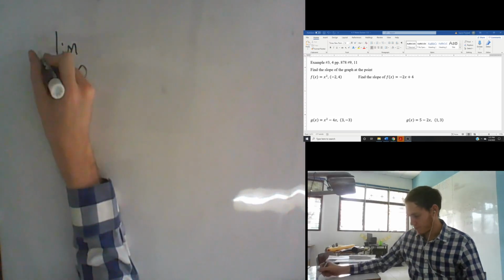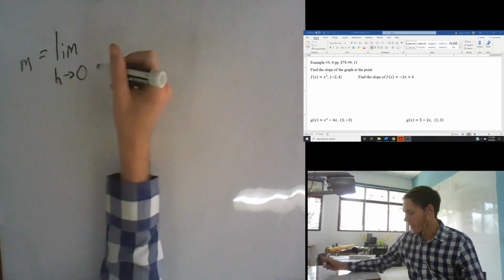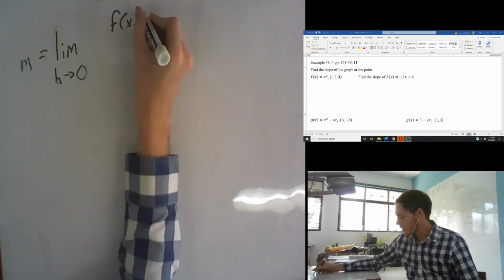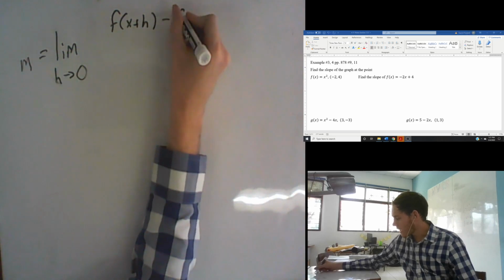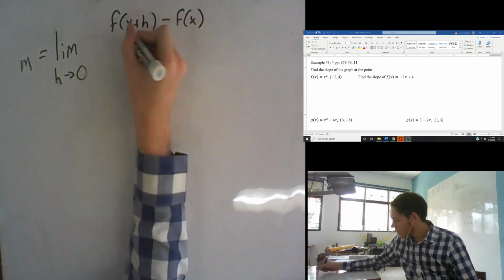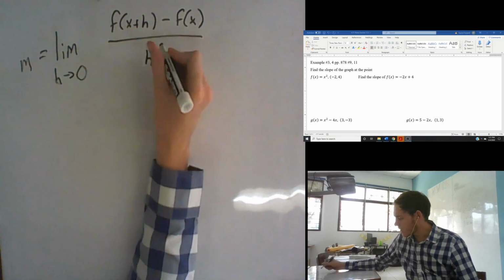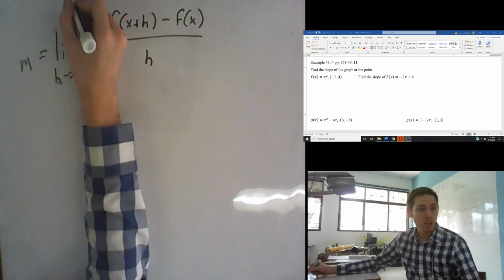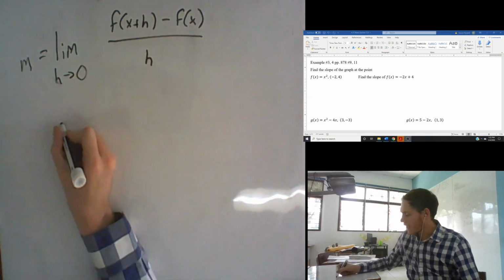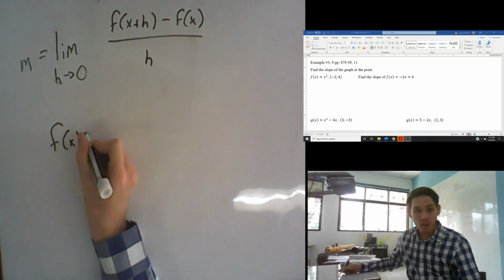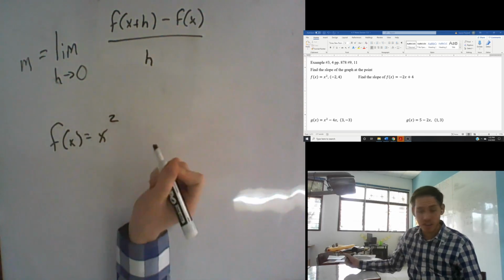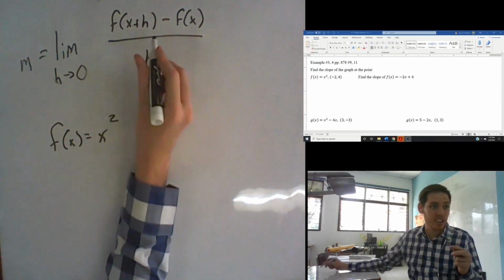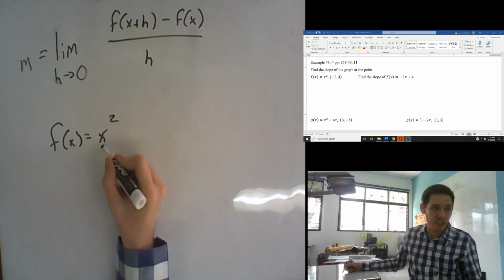So we have our slope. M equals what? F of x plus h minus f of x, all divided by h. So we're just going to plug in x plus h into our original equation. So f of x was equal to x squared. We're going to plug x plus h into this equation right here.